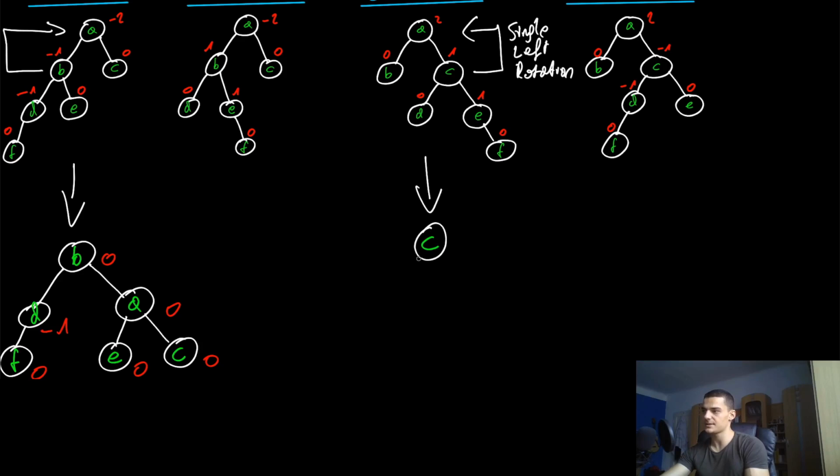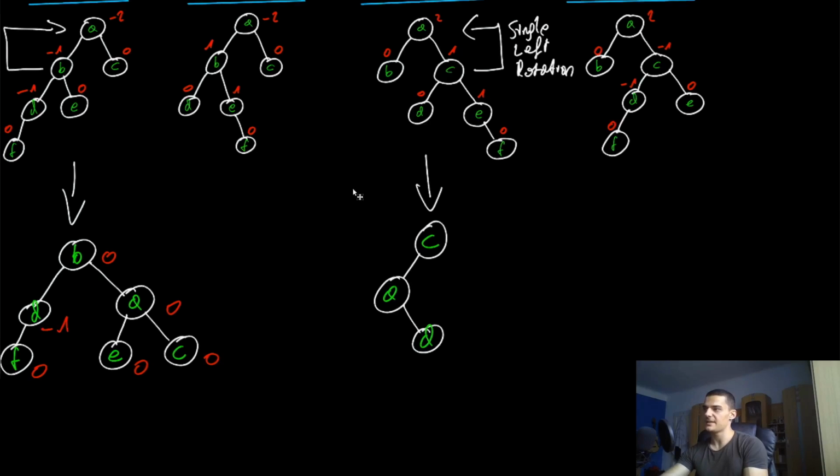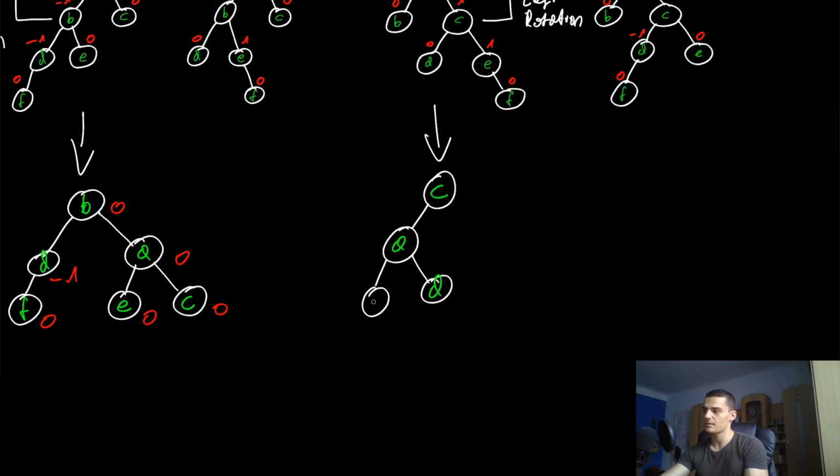We have C, C is the root node, then we have A, then we have D becomes the right child of A, because of course D is less than C, but still larger than A. Makes sense. Then we have B, and then we have E and F. And we can see that the balance is the same. We have 0, 0, 0. Here we have 1. Here we have 0 and 0.